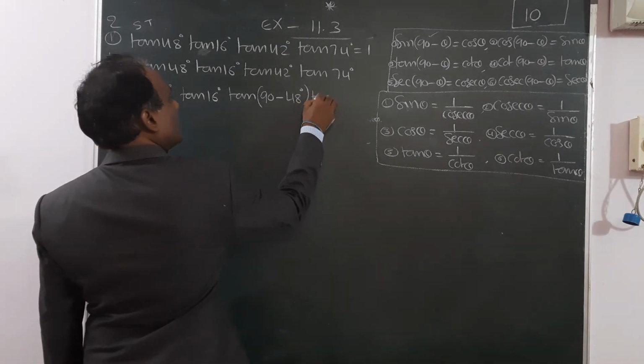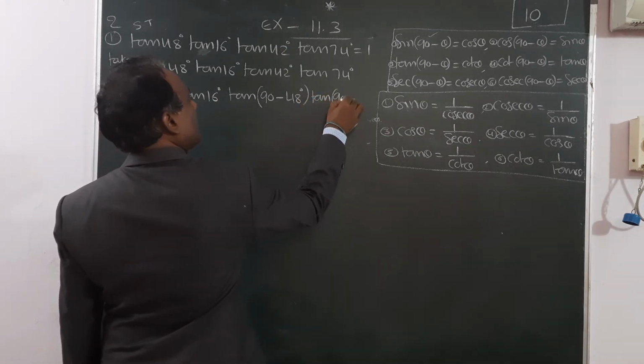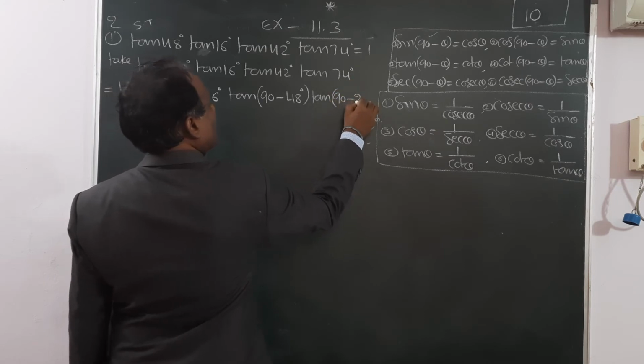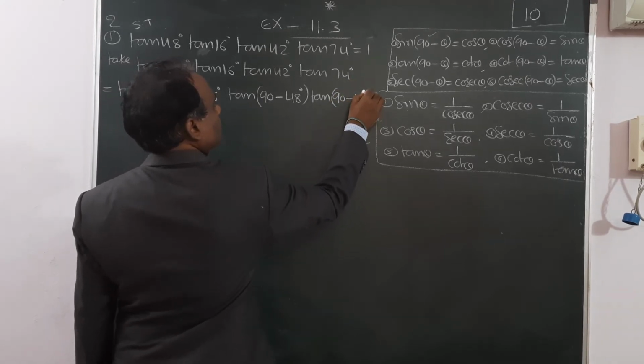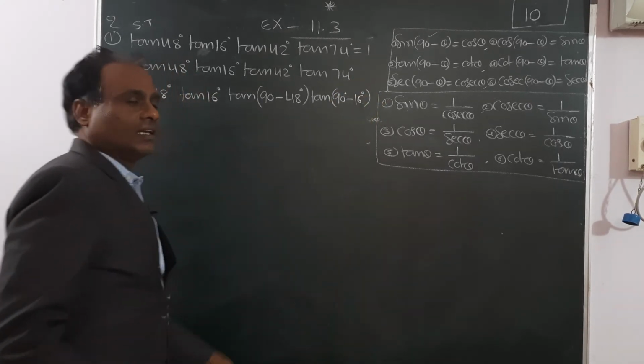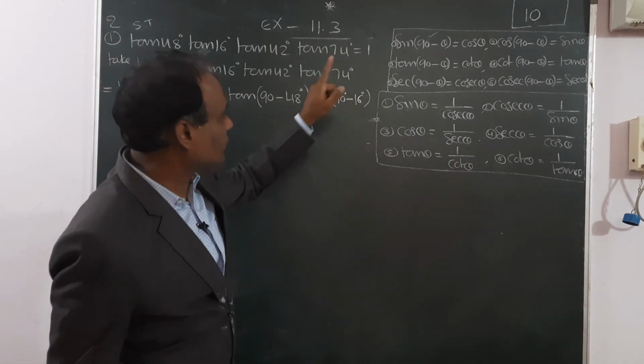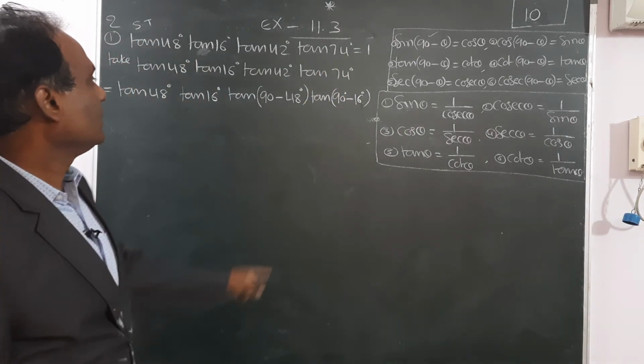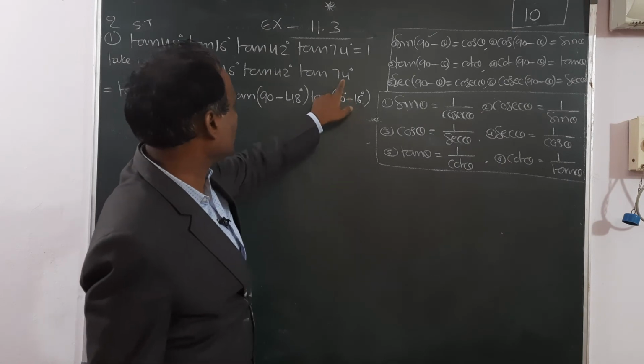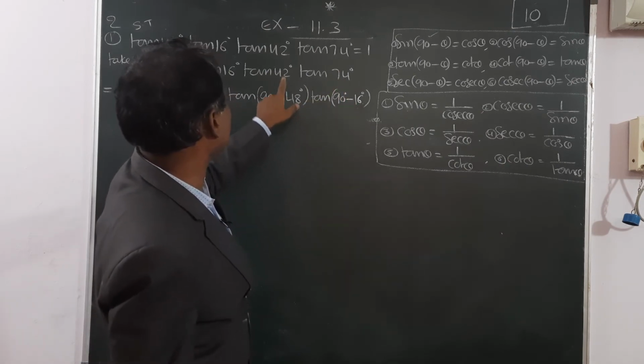Same way, 74 can be written as 90 minus 16. 90 minus 16 is 74.